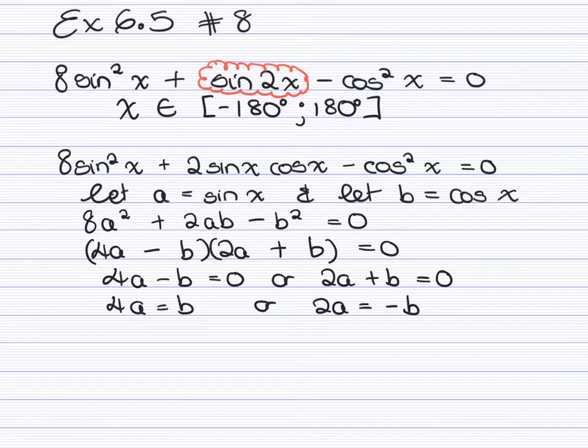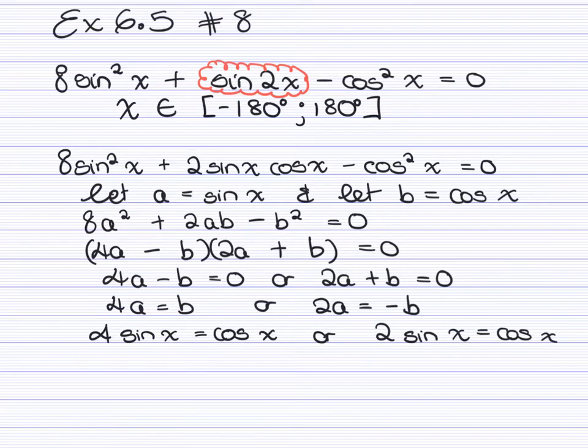Right. From there, I can now substitute back my trig ratios. I will have 4 sine x equals cos x, or 2 sine x equals cos x.